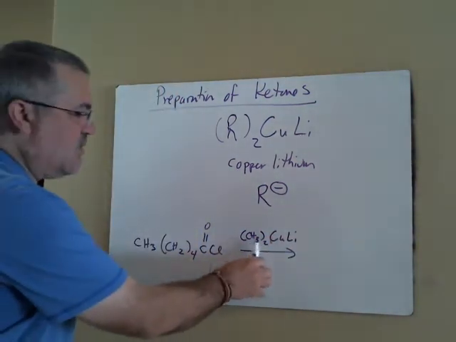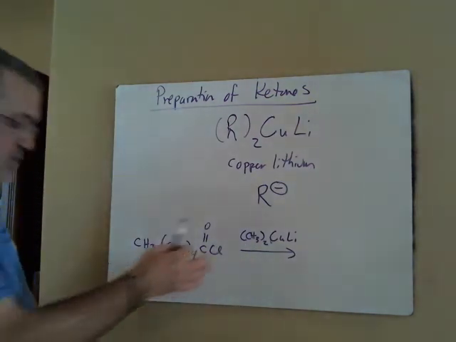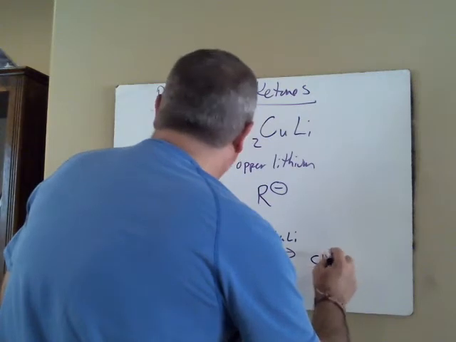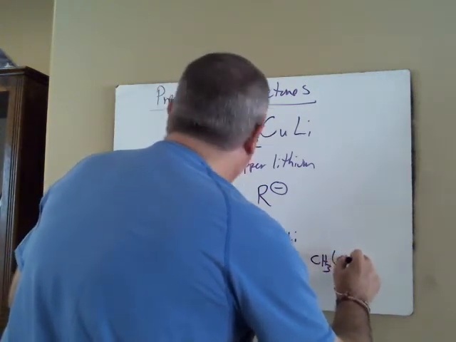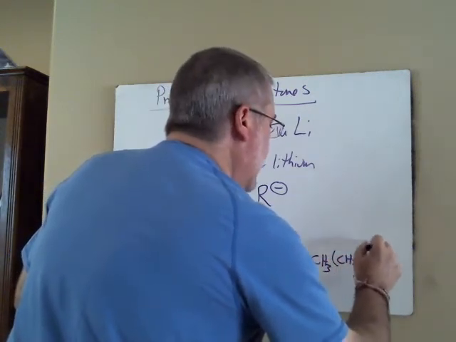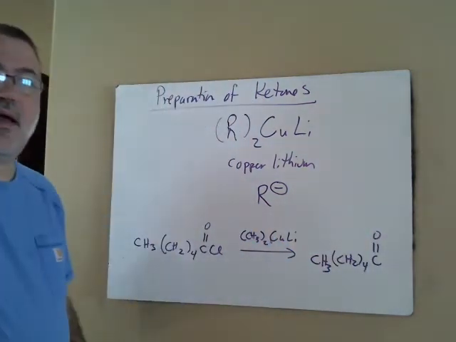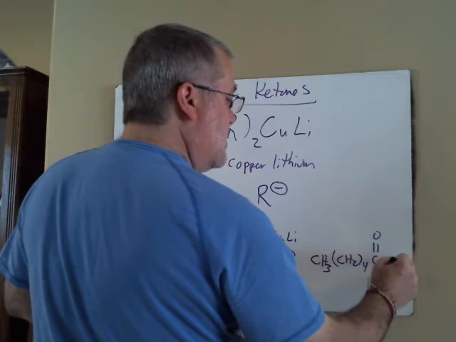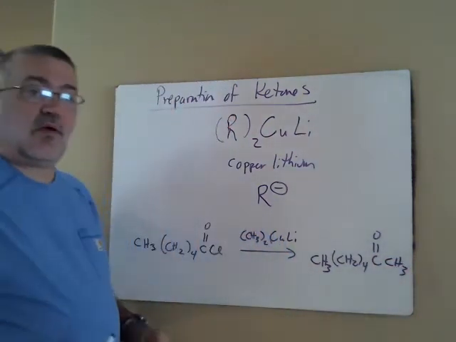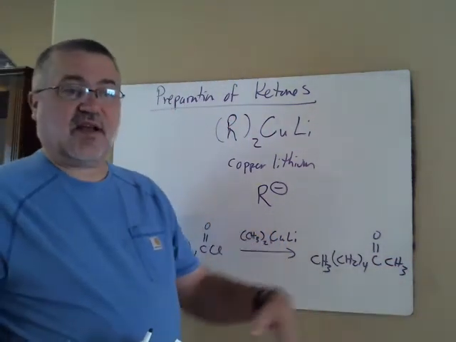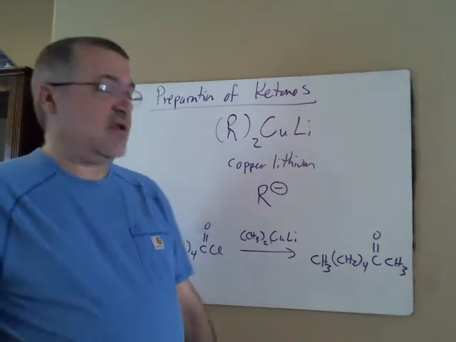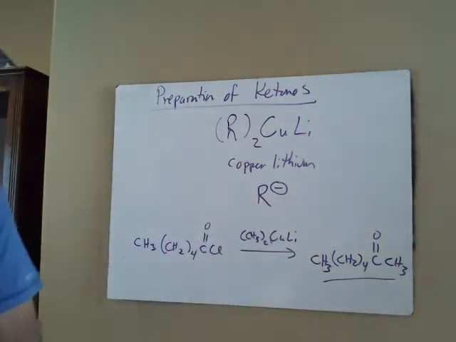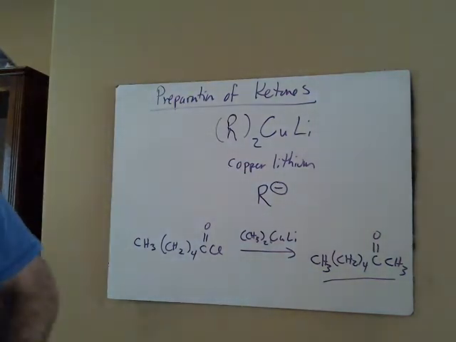So I have the two R groups and they're methyls, and remember the reactive equivalency of that is one methyl. Since it's not as reactive as a Grignard, it's only going to do the one equivalent reacting, so that ends up being a substitution reaction and not an addition, and you stop at that point right there. So this is a new way of making ketones.